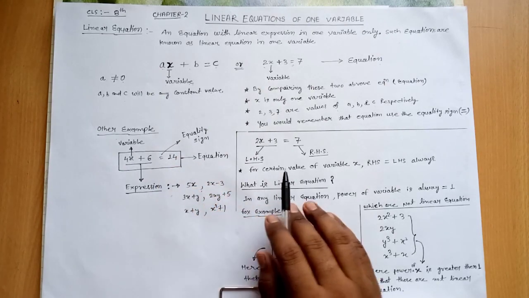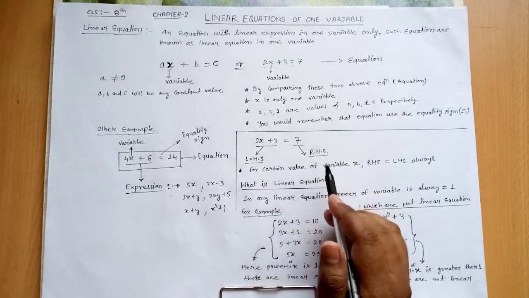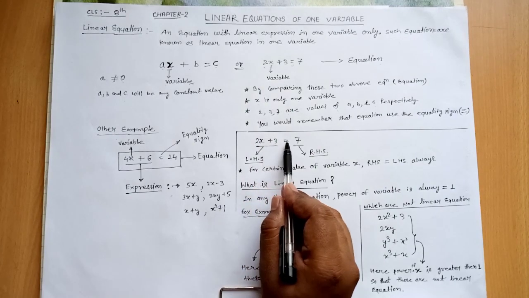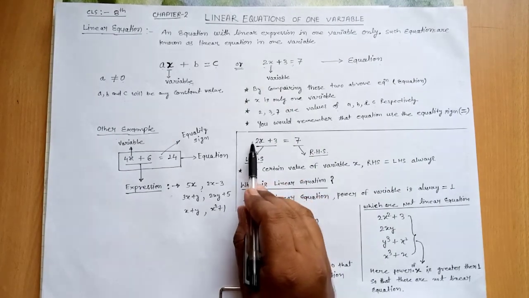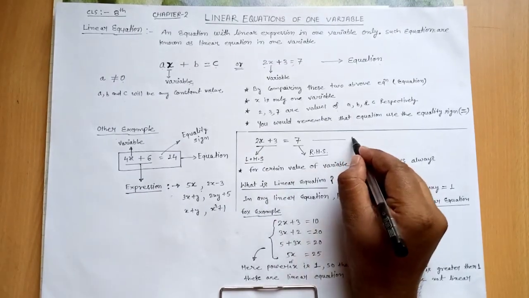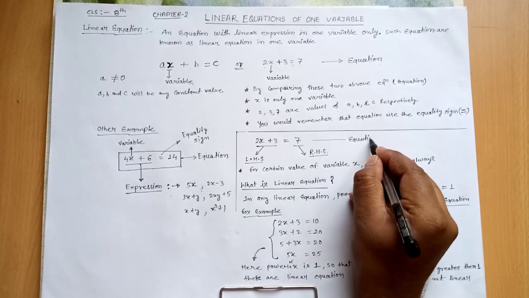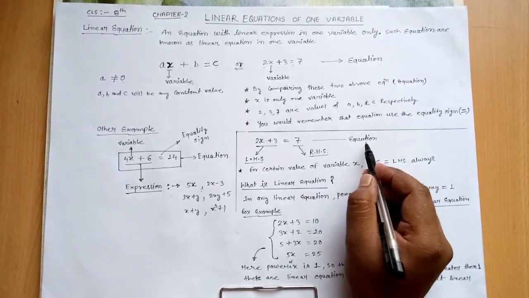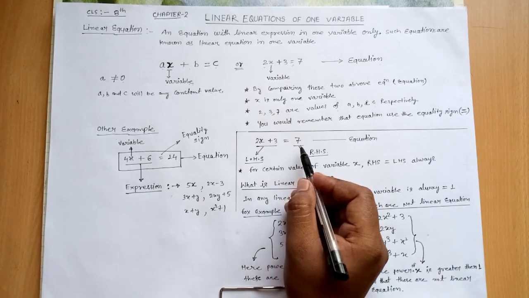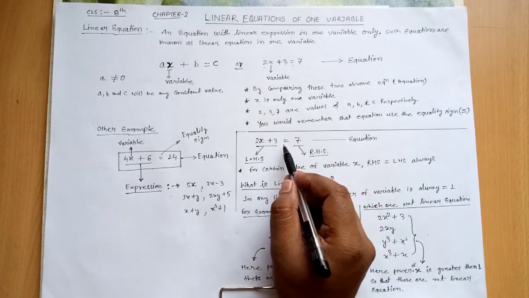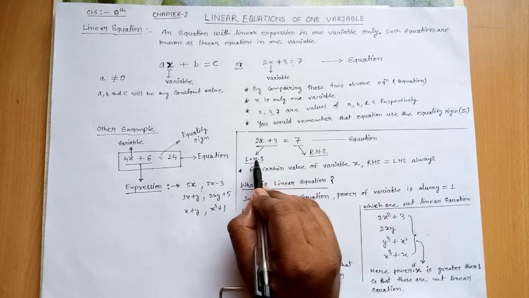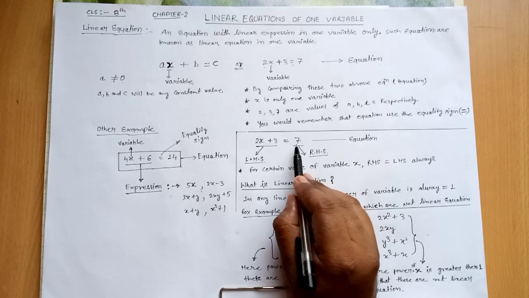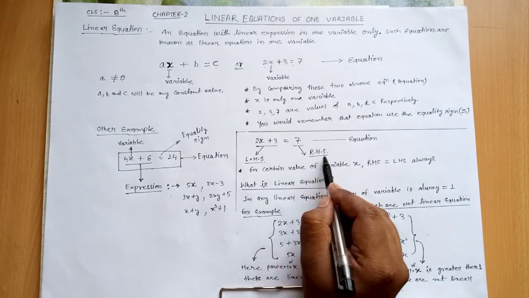Now we have some more points to remember. Take the example 2x plus 3 equals 7. This complete term is an equation. In each equation there are two sides. The left of the equality sign we call the left hand side, and the right we call the right hand side.